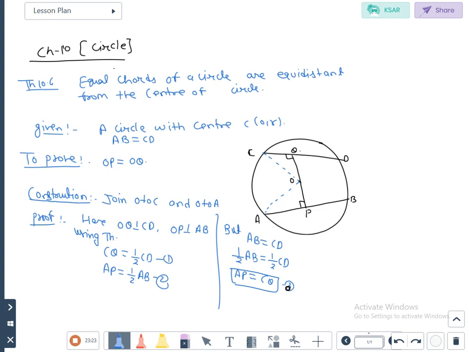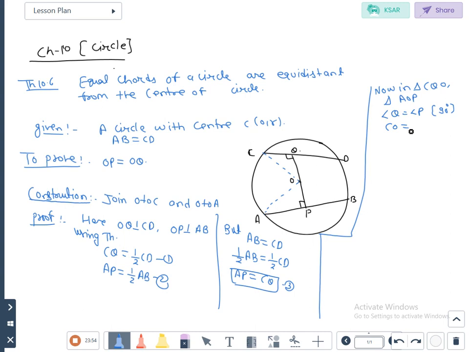Now we prove here that both triangles are congruent. Which two triangles? Triangle CQO and triangle AOP. Now in triangle CQO and second triangle AOP, first of all angle Q is equal to angle P, that is perpendicular, 90 degrees.